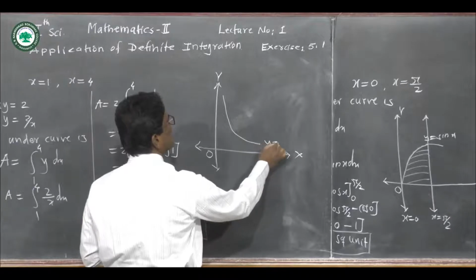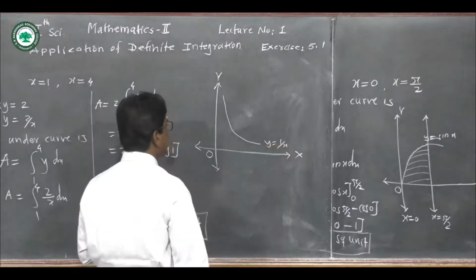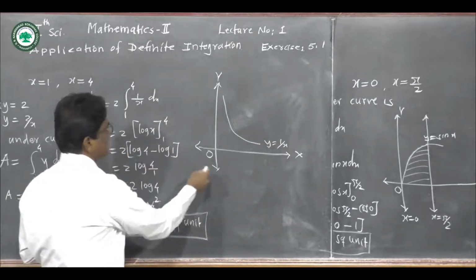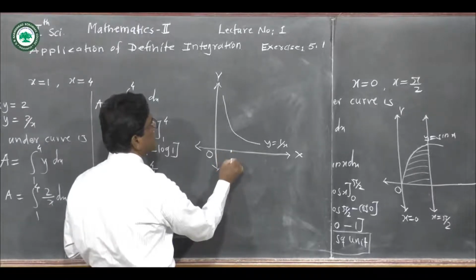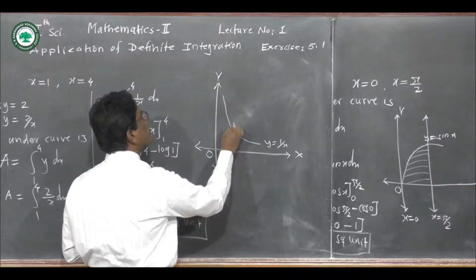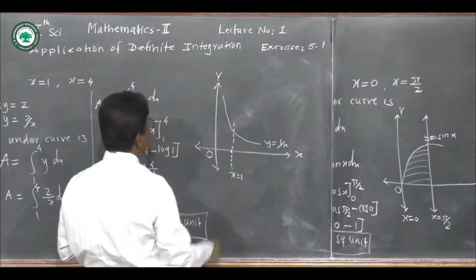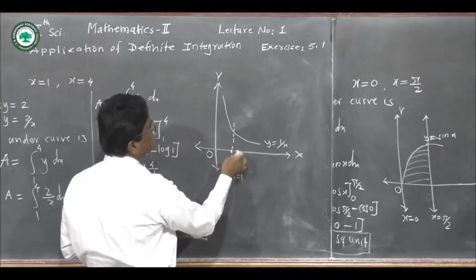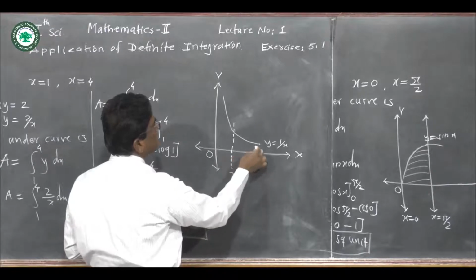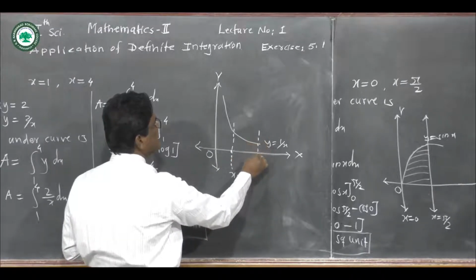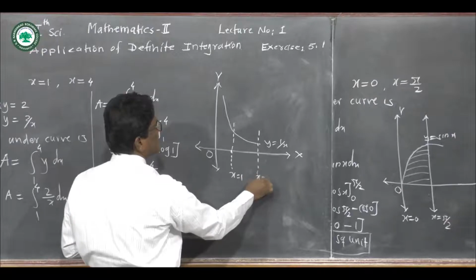Now suppose x is equal to 1, then x is equal to 4, 2, 3, 4, suppose here. We assume this, x is equal to 4.